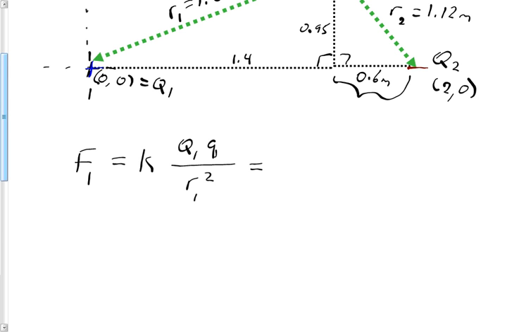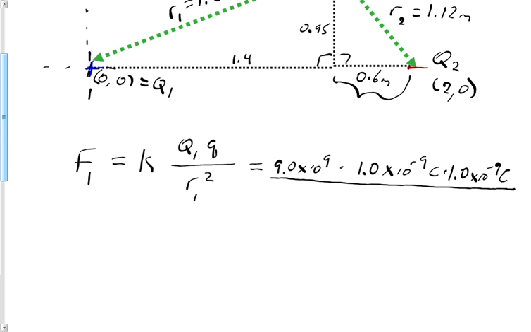That in turn is going to give us the value of K, so that's 9.0 times 10 to the 9th. And let me just leave out my units here just to simplify things a little bit. That's going to be then times 1.0 times 10 to the negative 9th coulombs, because that's the same thing as 1 nanocoulomb, and again times yet another 1.0 times 10 to the negative 9th coulombs.